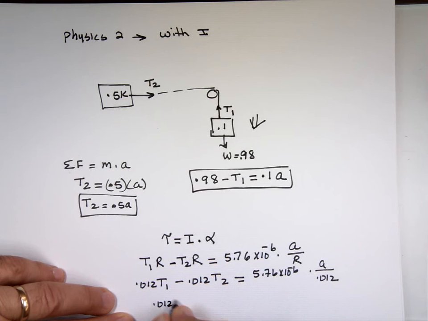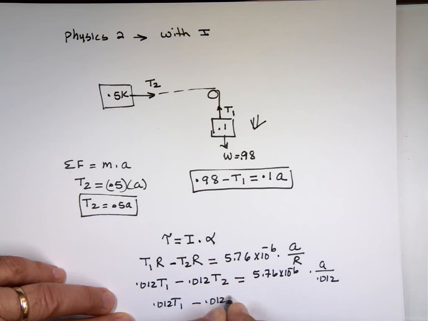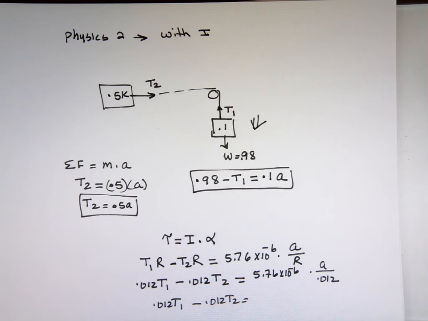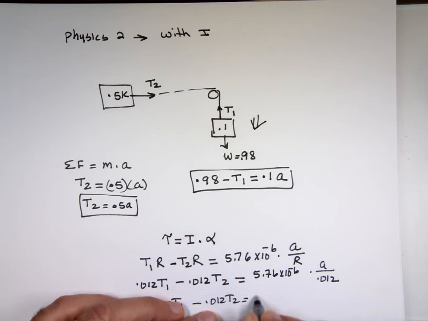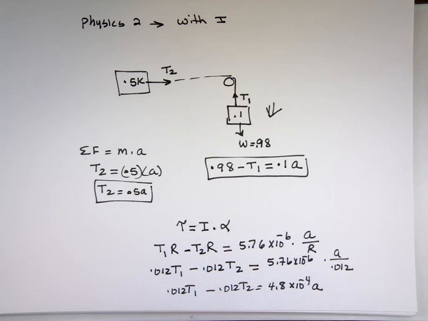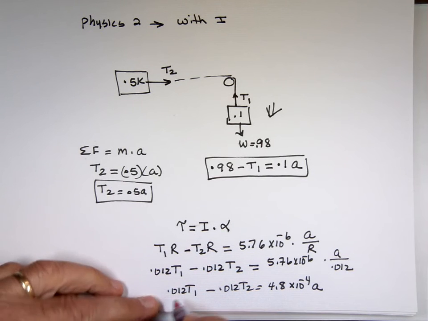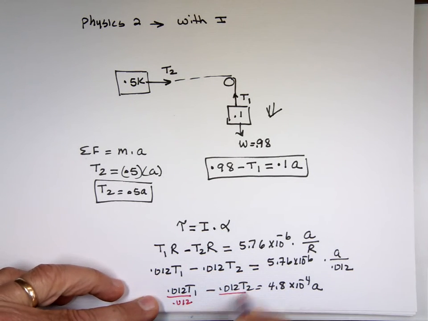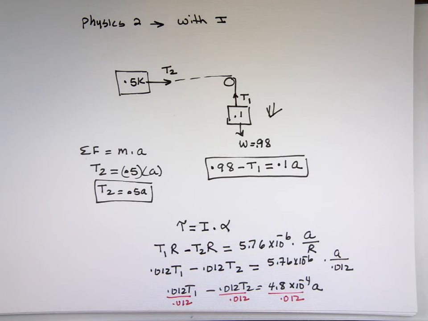That is 0.012 T1 minus 0.012 T2 equals 5.76 E to the negative 6 divided by 0.012, which is 4.8 times 10 to the negative 4 times A. I can clean this up a little more by dividing every term by 0.012, just to make these numbers cleaner.